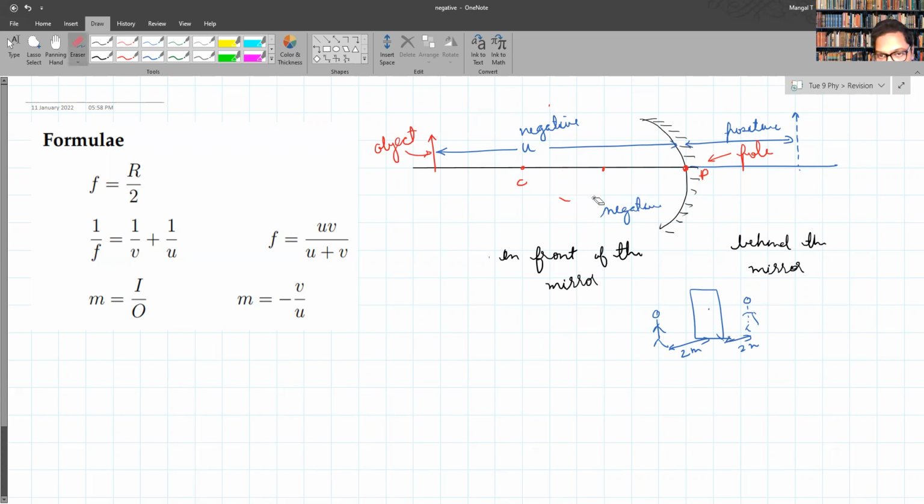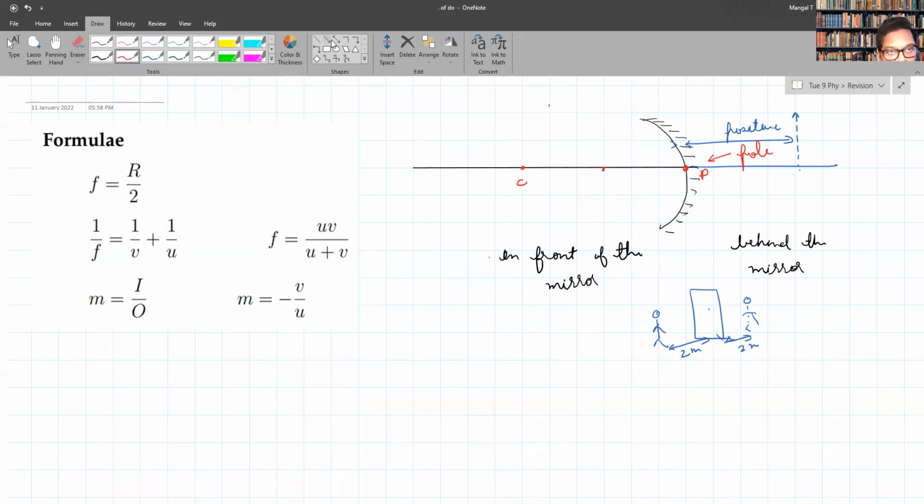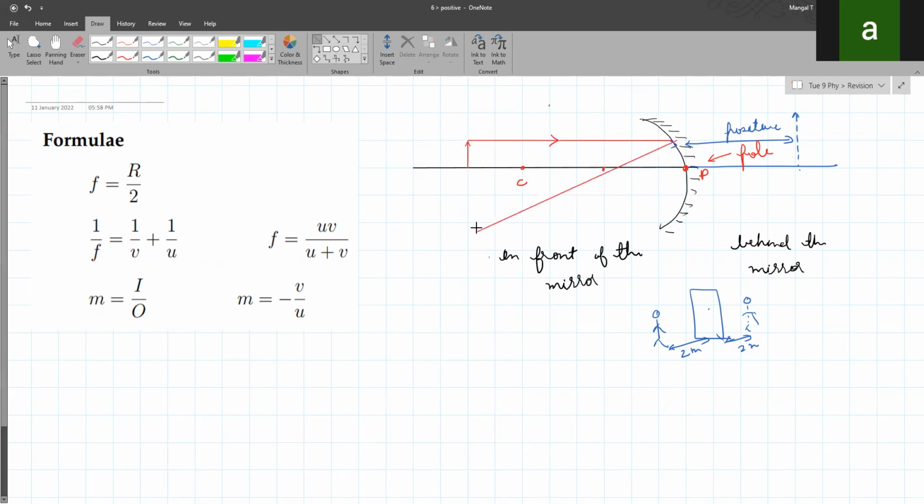If I erase all this and draw an actual image, this is how an object is over here. You draw one ray like this. So when we see in a mirror, always only a virtual image is formed, no? You asked about a real image, so I'm drawing one.